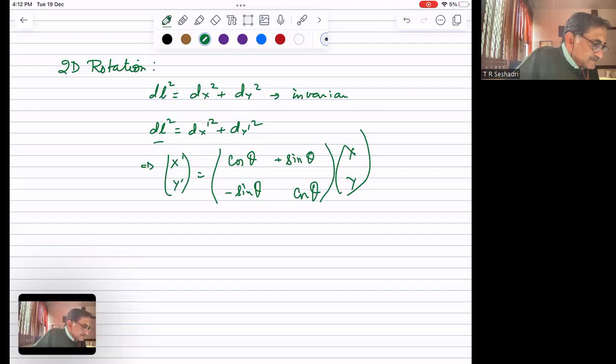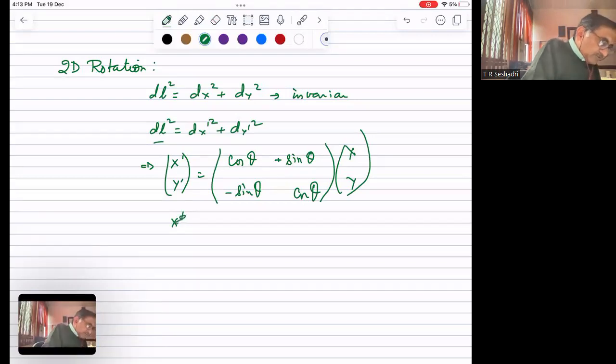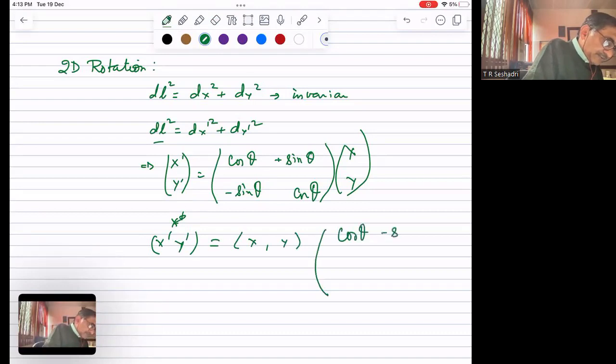Suppose I take a transpose. So I have x prime, y prime transposed equal to x, y times the transpose of this matrix, cos theta, minus sin theta, sin theta, cos theta.